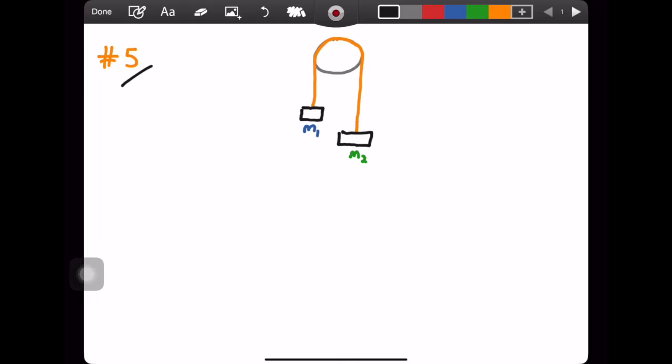In this problem, we've got 2 masses hanging, and we are told that one of the masses has 2 kilograms of mass and it accelerates downward at 3/4 g. So what I'm going to do is assume that the mass on the right is going to be the 2 kilogram.